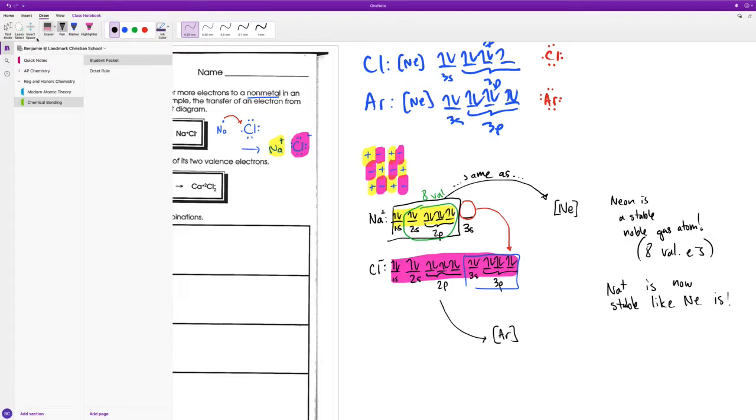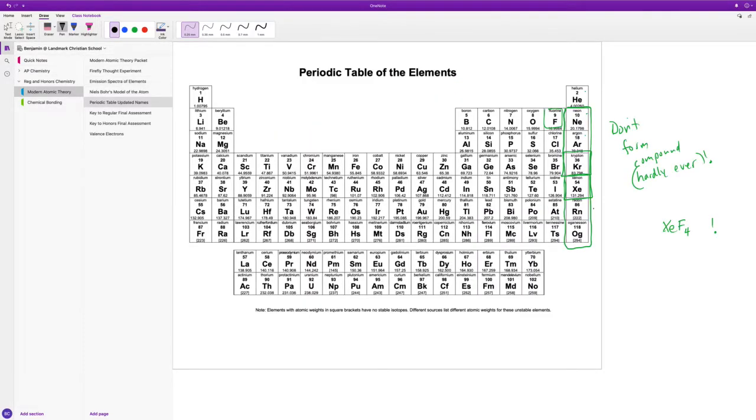Argon is element 18, right next to chlorine. So when chlorine gets 1 extra electron, now it's got 18 electrons like argon, and they're in the same orbitals and sublevels that argon's electrons are in.